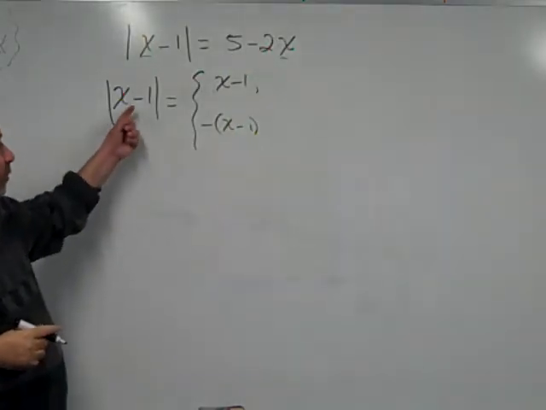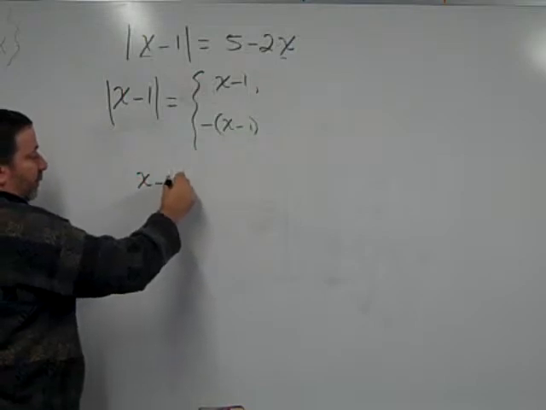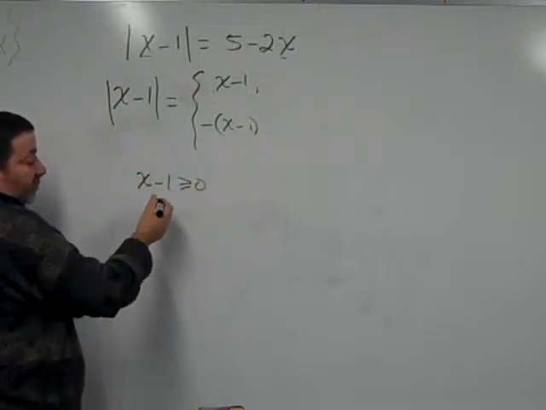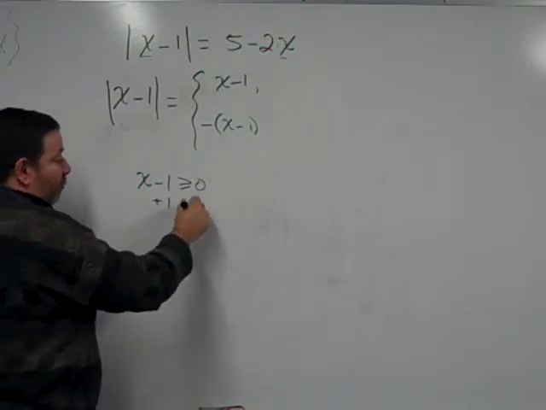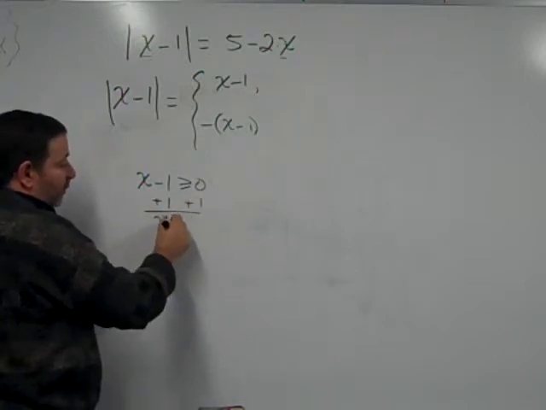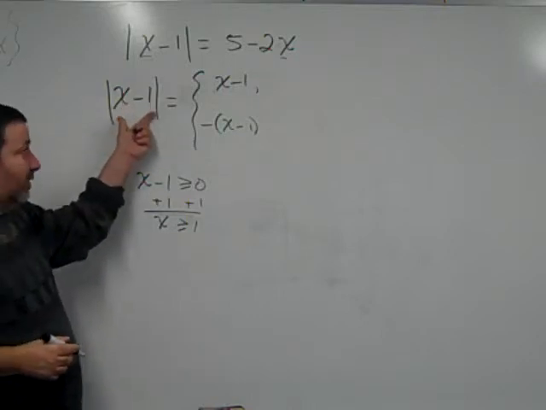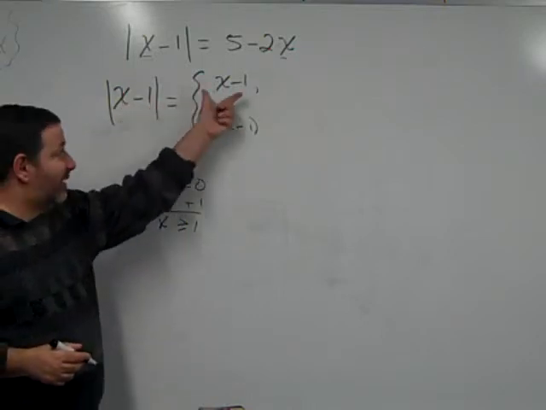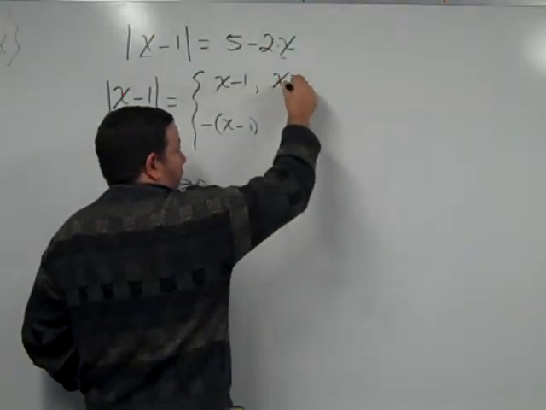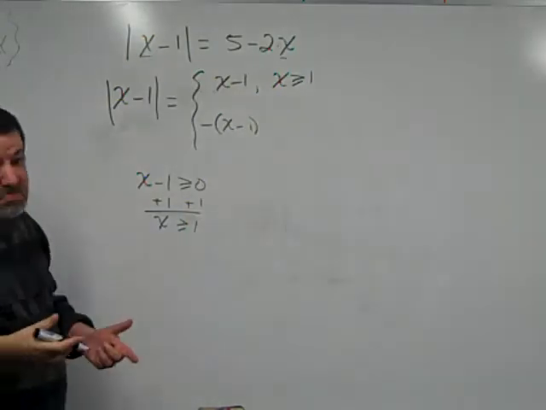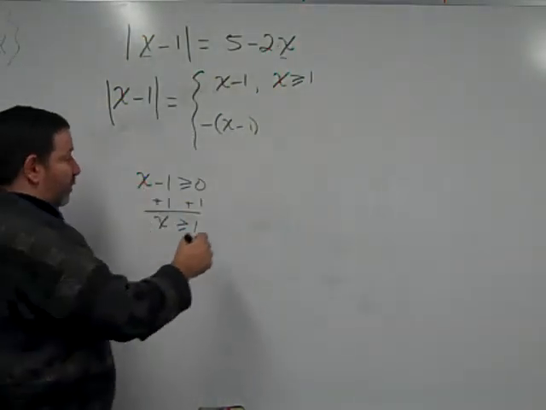Well, when this is 0 or positive, greater than or equal to 0, which means x is 1 or more, you want to add 1 to both sides. When this is positive or 0, we get back exactly this. And that happens when x is more than 1, or equal to 1. For the record, when it's negative, it's going to be when x is less than 1.